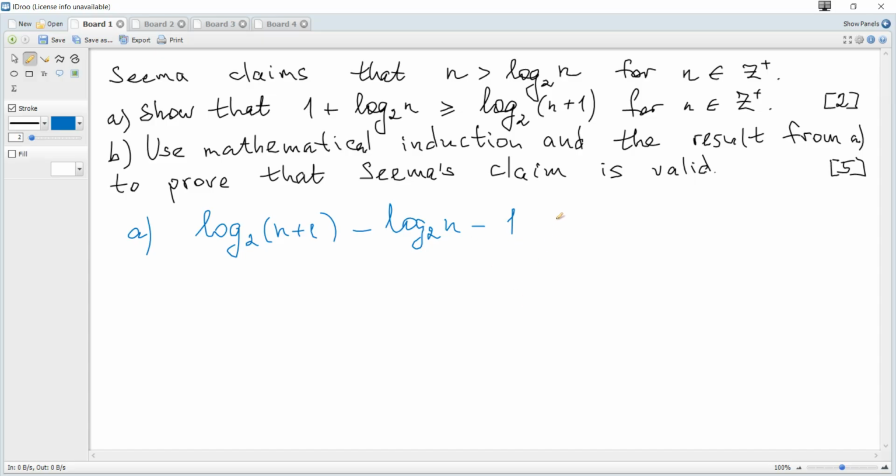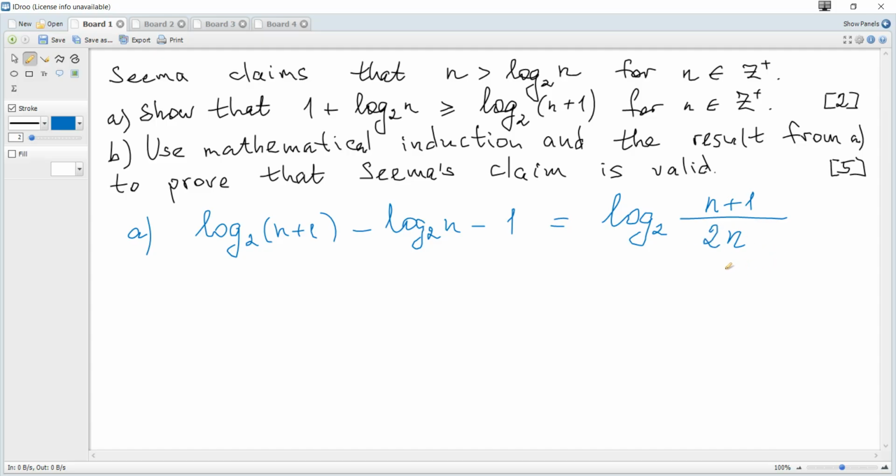Formulas are given in the data booklet, and the difference of two logs to the same base is one log of the ratio, so it can be rewritten as log to the base 2 of n plus 1 divided by n, and divided by 2, so over 2n.